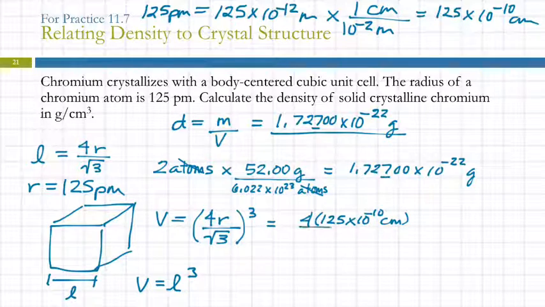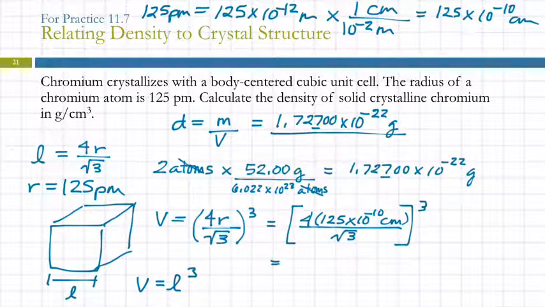And that's divided by the square root of 3. And then we have to cube that whole business. So I'm going to do open parentheses 4 times 125 EE minus 10 divided by square root of 3, close parentheses.